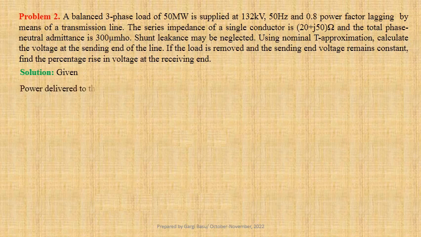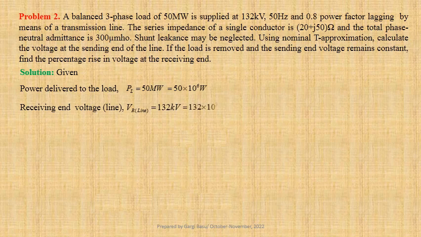Power delivered to the load PL equals 50 megawatts, that is 50 into 10 to the power 6 watts. Line to line receiving end voltage VR line equals 132 kilovolts, that is 132 into 10 to the power 3 volts.